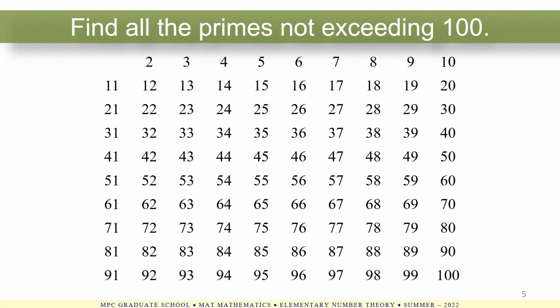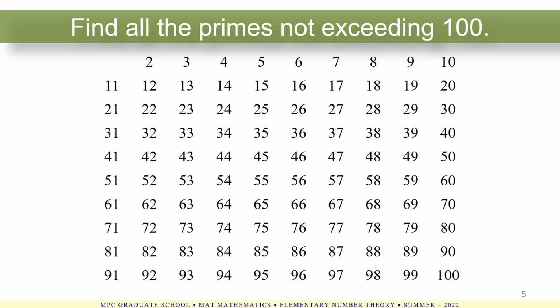Suppose we are asked to find all the primes not exceeding 100. Note that the square root of 100 is equal to 10, and the primes that are less than 10 are 2, 3, 5, and 7. This means that from the list of numbers 2 up to 100, all the composite numbers which are divisible by 2, 3, 5, and 7 will be removed.